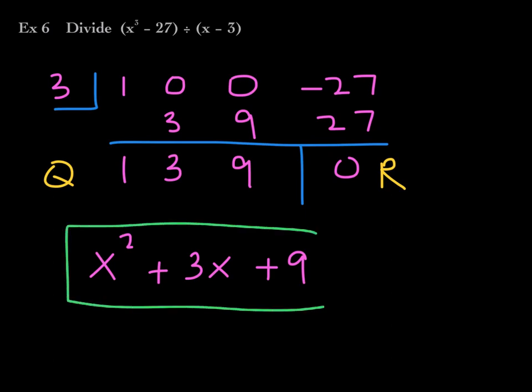Now, I want you to notice what we just figured out. Remember when I was talking about factoring, we just figured out how x cubed minus 27 factors.